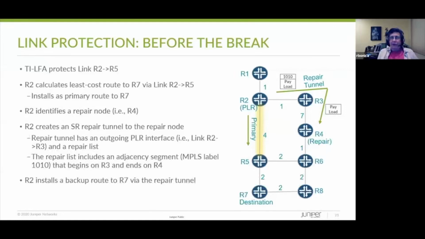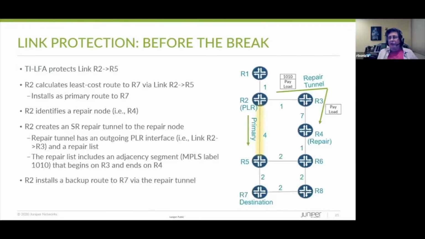The way this repair tunnel works is R2 pushes an SR MPLS label onto a stack and forwards the packet to R3. R3 pops that label off, and that label is an instruction. The instruction says, forward this packet along the link R3, R4.